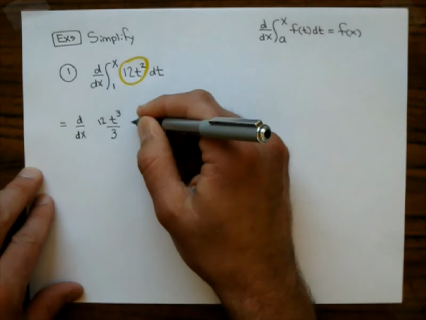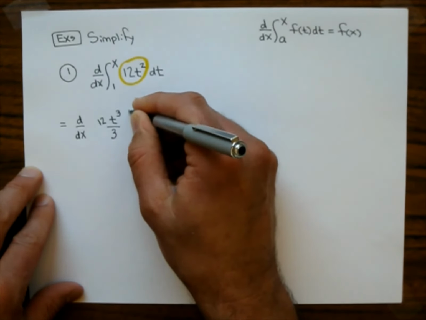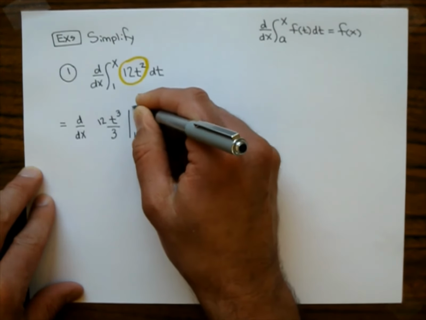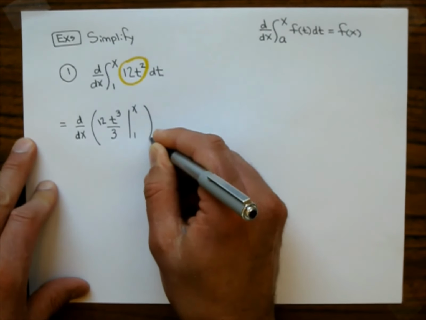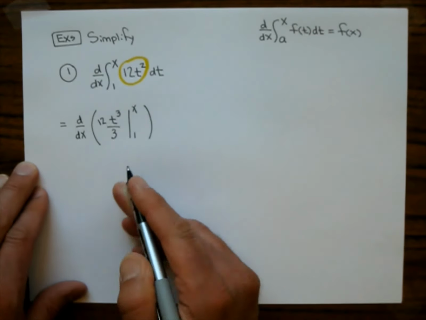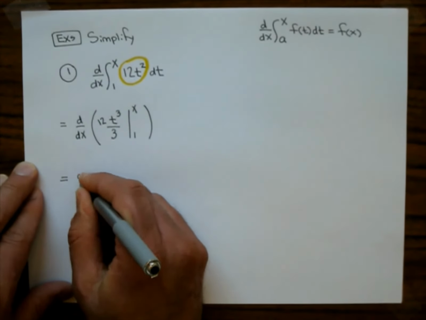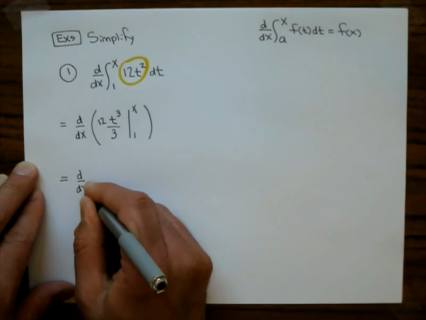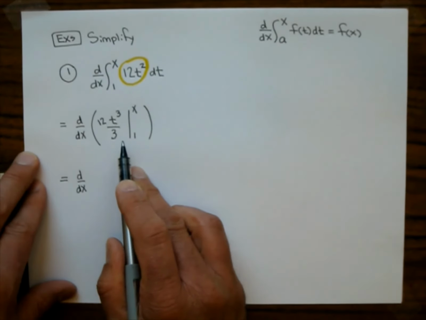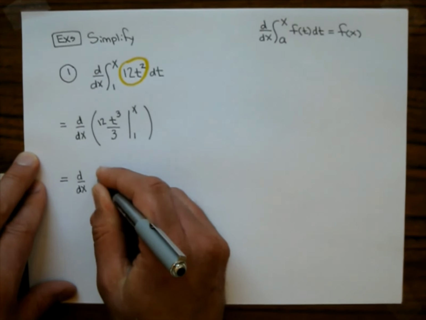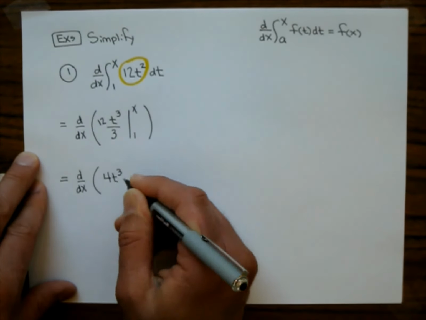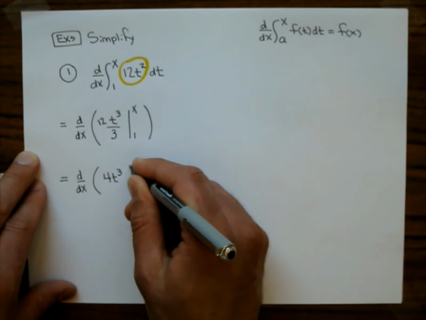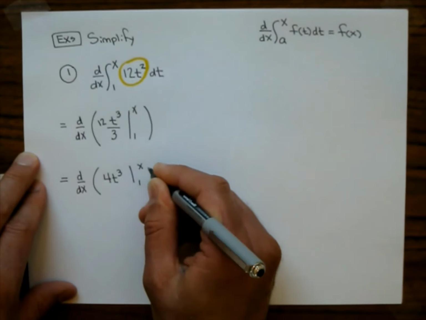And then this gets evaluated from 1 to x. Okay, so we are actually doing the other fundamental theorem to do this. So this is really d/dx, and on this, we'll just rewrite this as 4t cubed, evaluated from 1 to x.